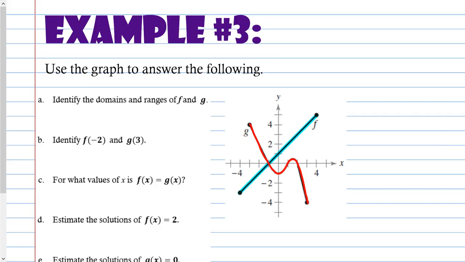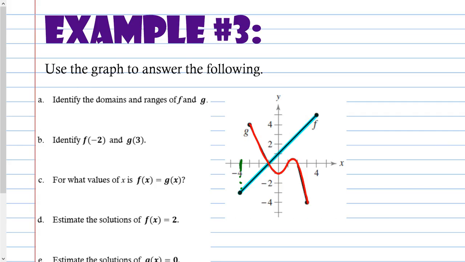And when you're dealing with range, you're going to focus up and down. Okay, so A, identify the domains or ranges of f and g. So for f, the lowest x value for that graph is right here.